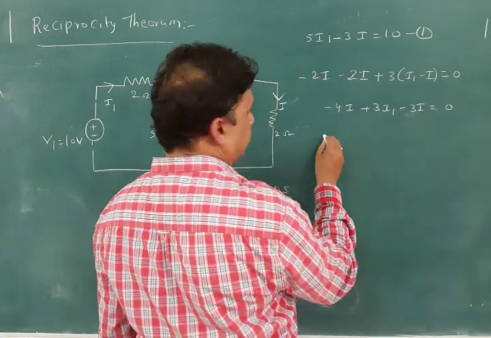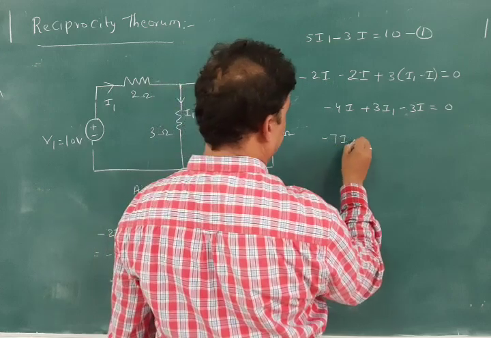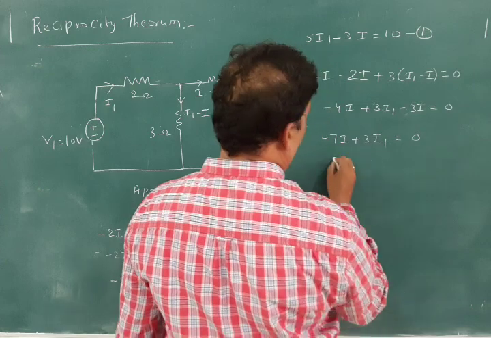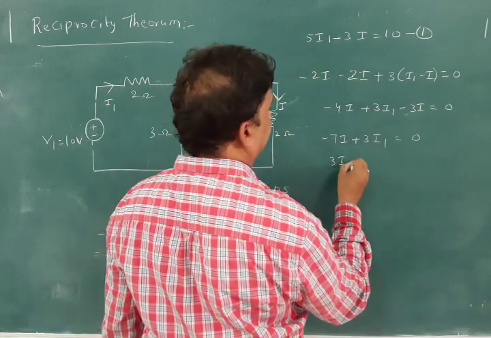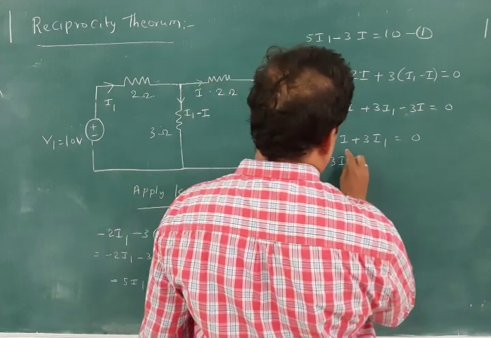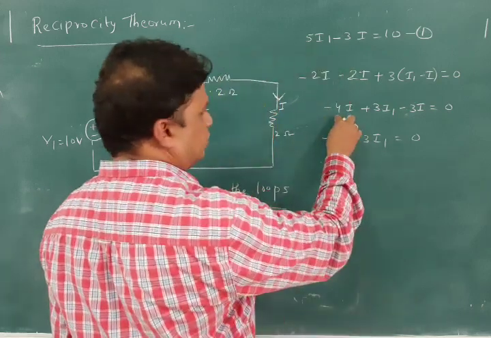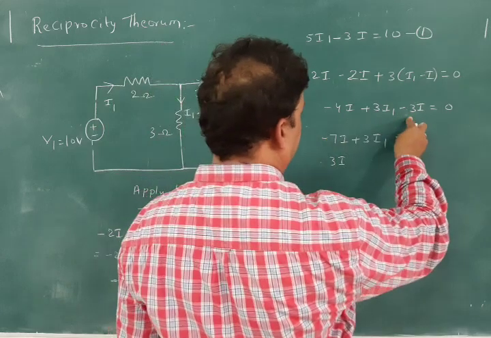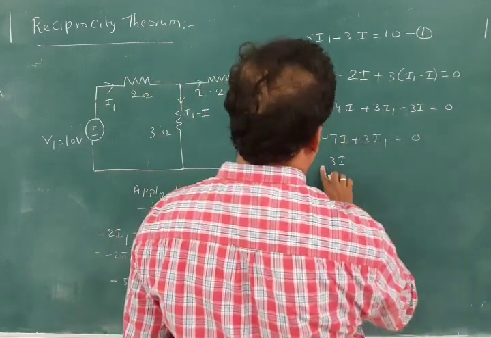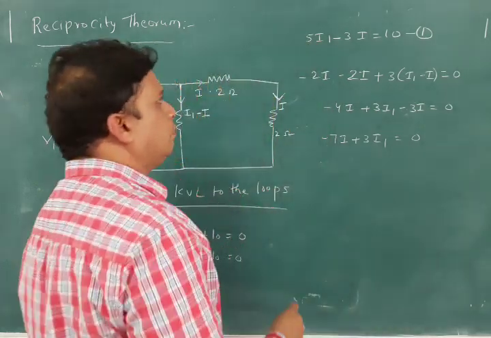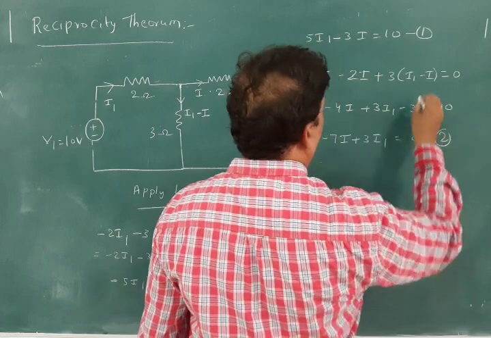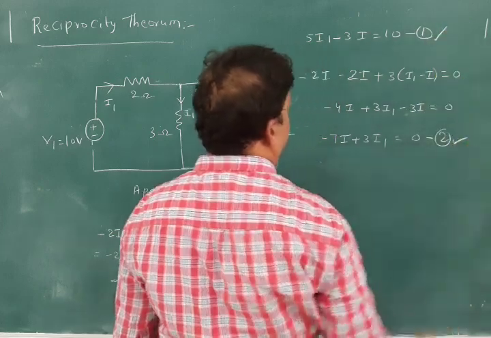Minus 4I minus 3I is minus 7I, so minus 7I plus 3I1 is equal to 0. This is the second equation.